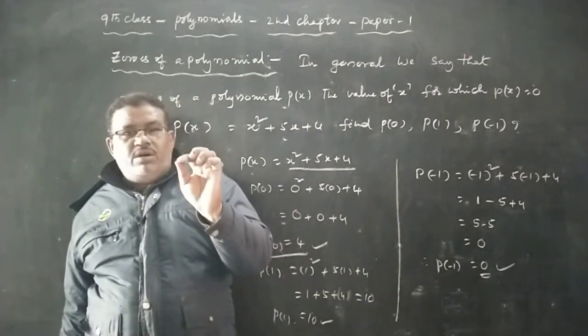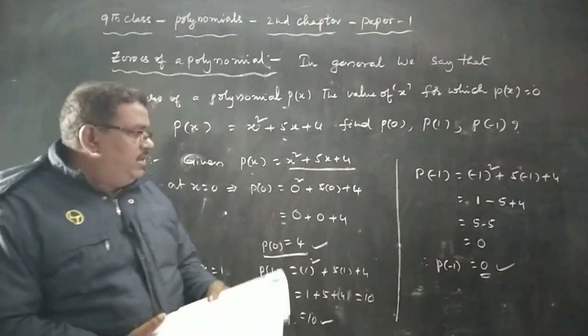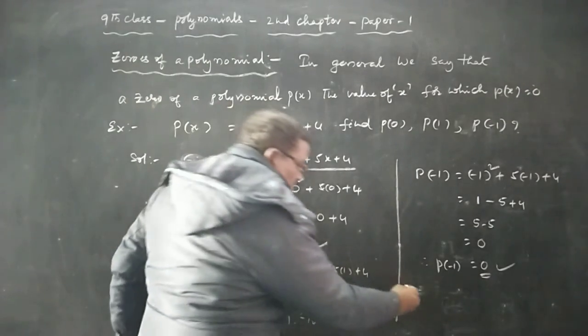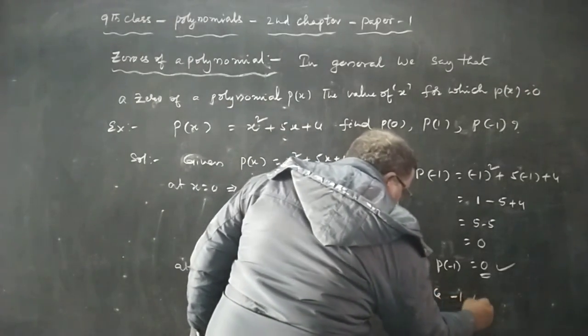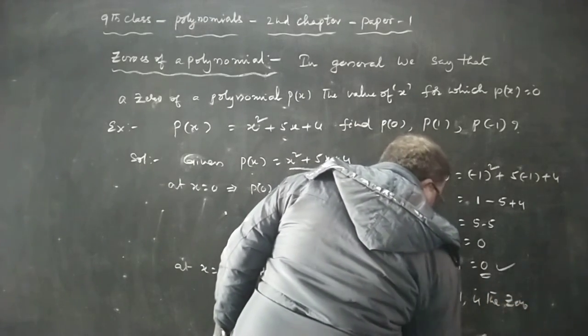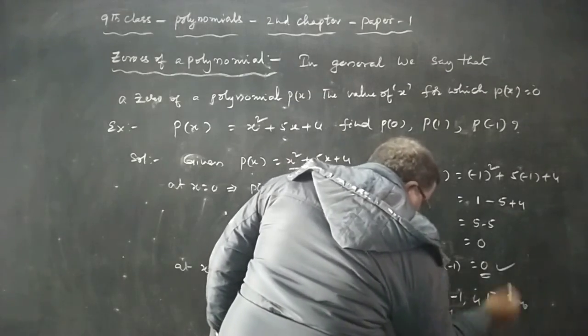So every quadratic polynomial has two zeros. Cubic polynomial has three zeros, like that. So p of minus 1 equal to 0. Hence, what conclusion do we give? Hence, minus 1 is the zero of given polynomial p of x.